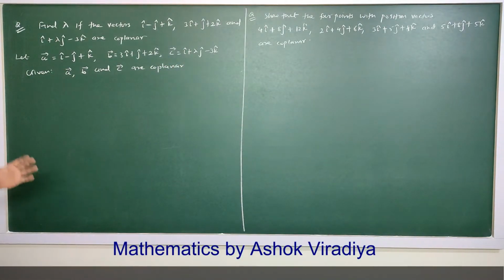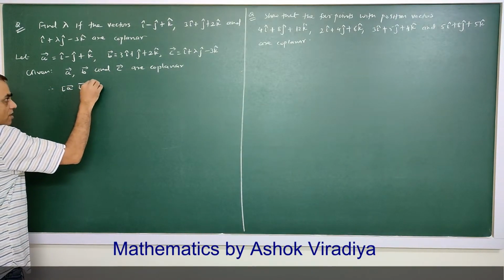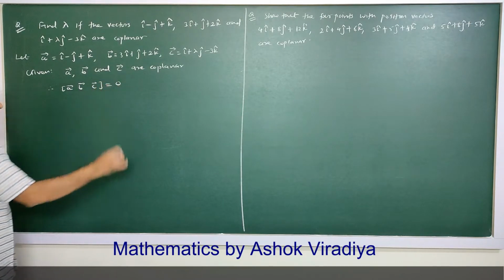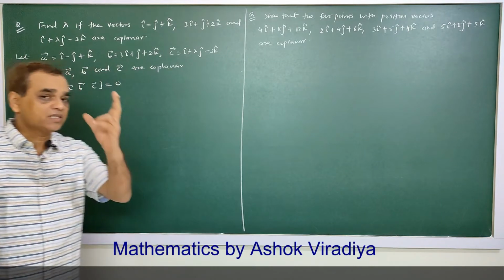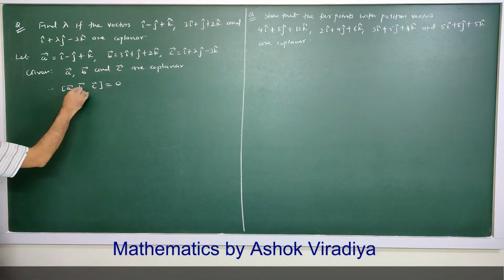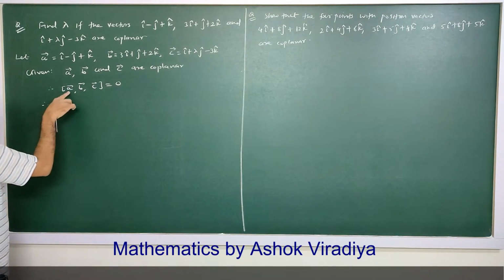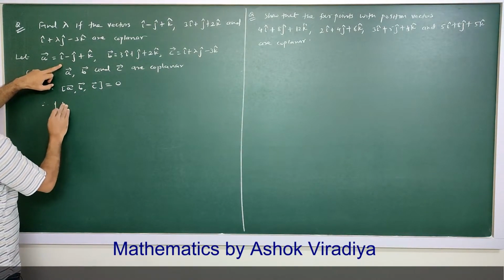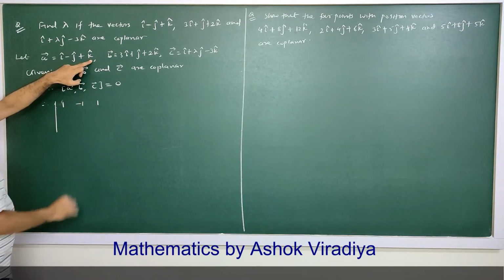Now, if vectors are coplanar, then their box product is 0. The box product, or scalar triple product, of these three vectors is 0. So the determinant has components of vector A in the first row: 1, minus 1, 1.